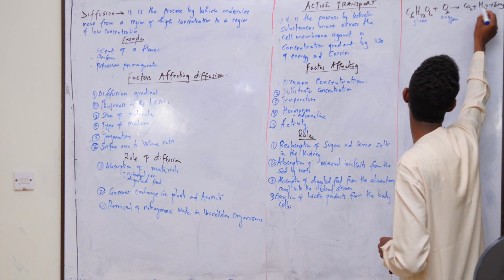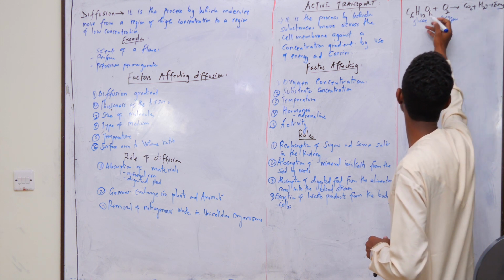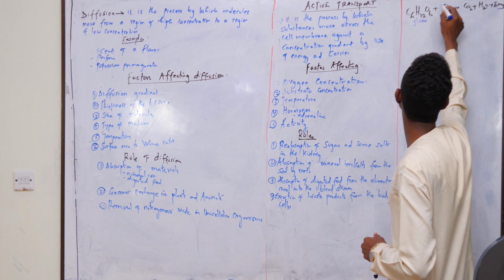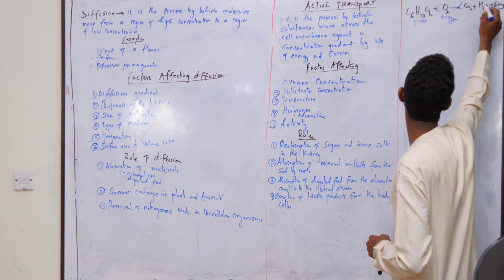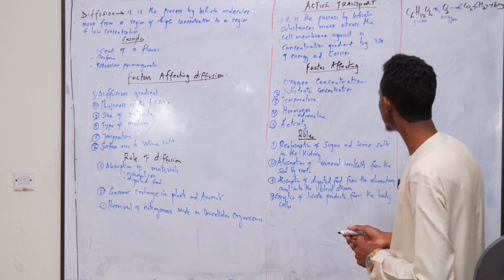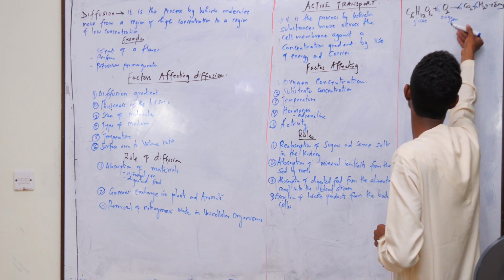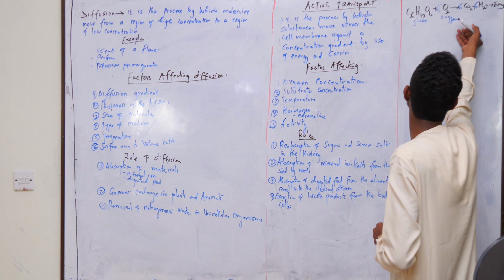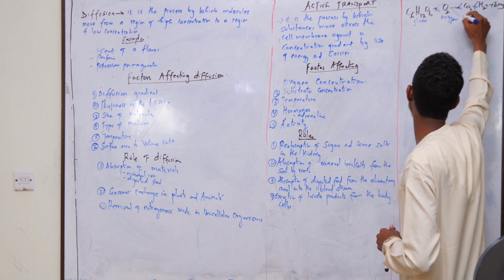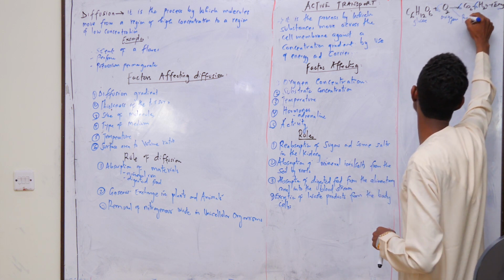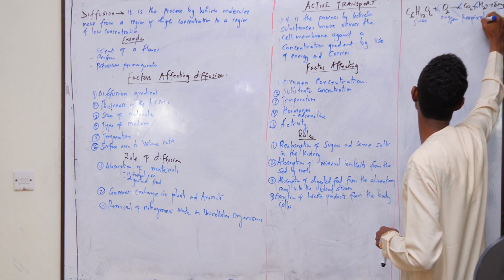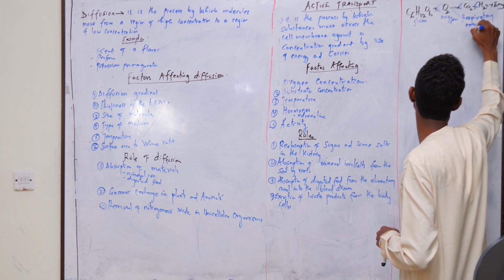Now here, class, we have the energy being produced. You can see that you have glucose concentration, you have oxygen concentration, and this process is an enzyme controlled process, with respiratory enzymes.